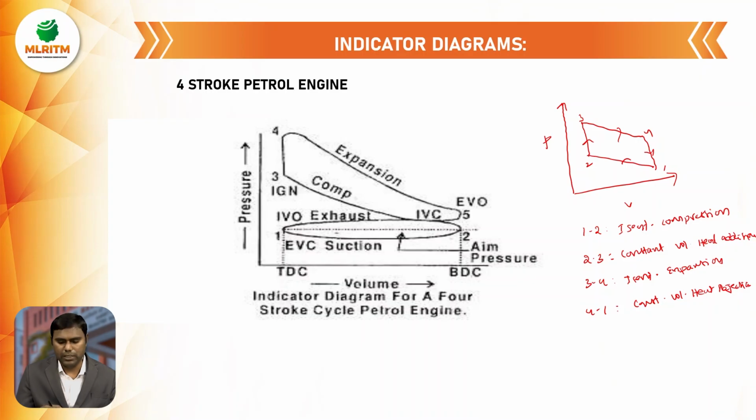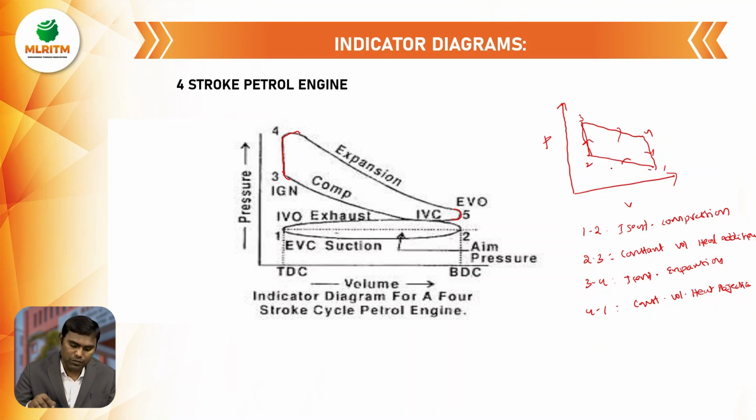But in the actual case, the valve opening and closing are different from the theoretical diagram. So if you see the actual diagram, these corners are rounded off here and here also. If you observe clearly, this one is a very sharp edge because pressure and volume are varying like this as per theoretical analysis.